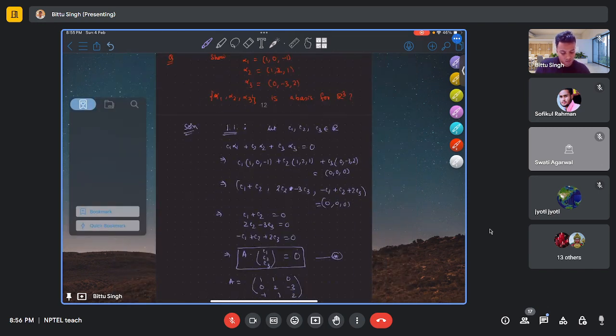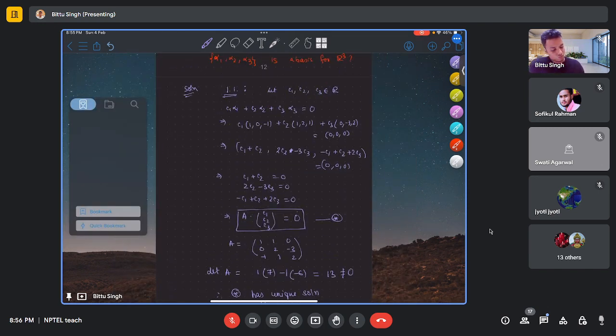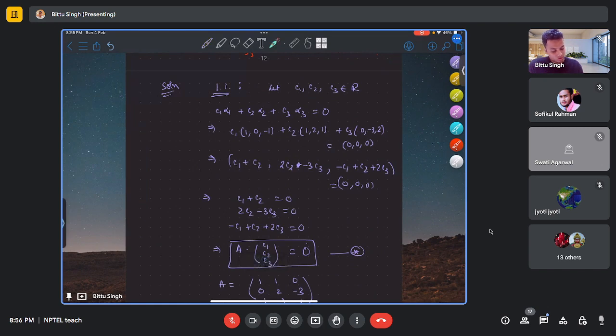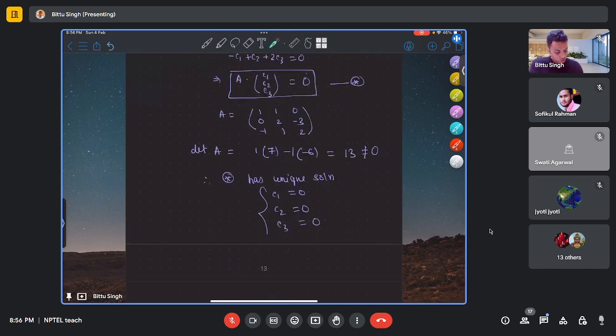Is it clear? We started with a linear combination, and if this linear combination is the zero vector, we conclude that the individual scalars are 0.